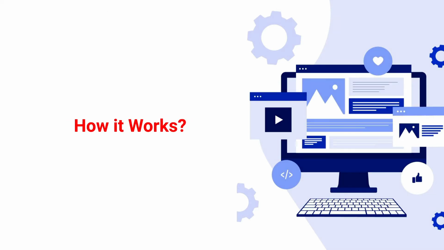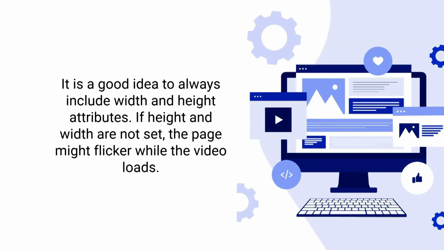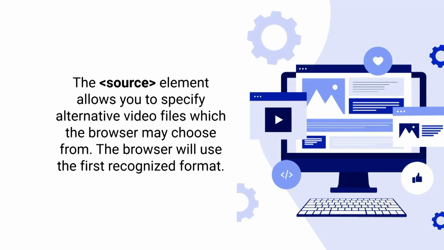How does it work? The controls attribute adds video controls like play, pause and volume. It is a good idea to always include the width and height attributes. If height and width are not set, the page might flicker while the video loads. The source element allows you to specify alternate video files which the browser may choose from.